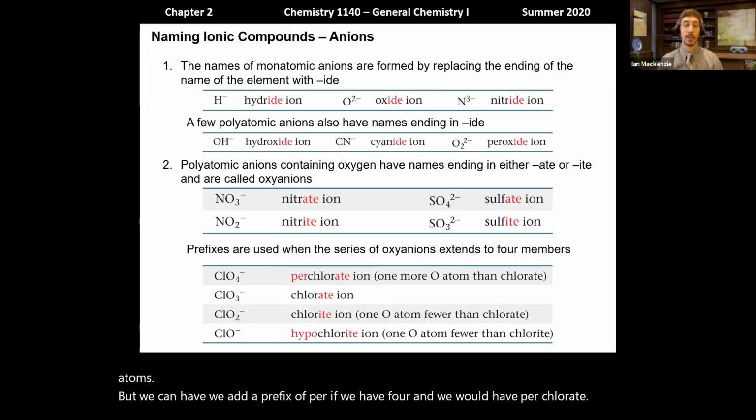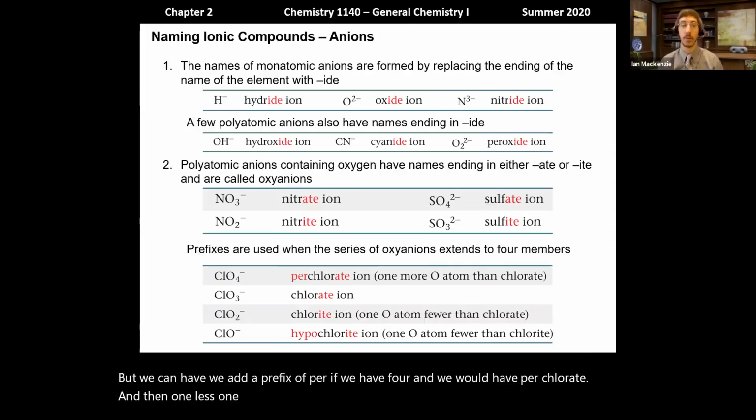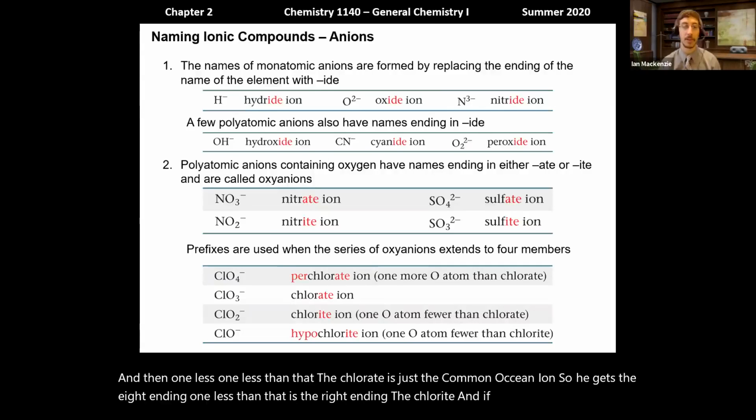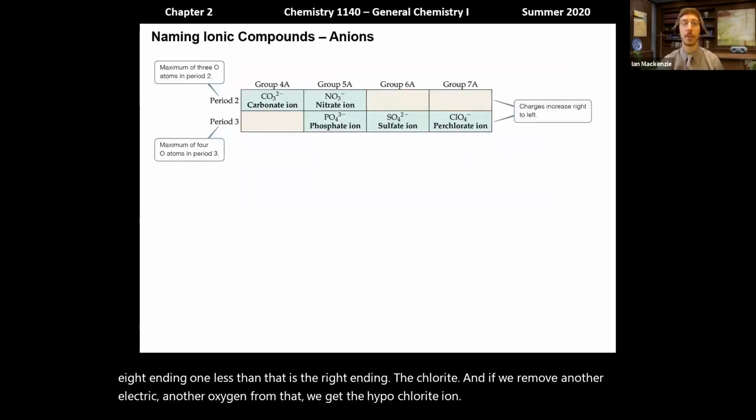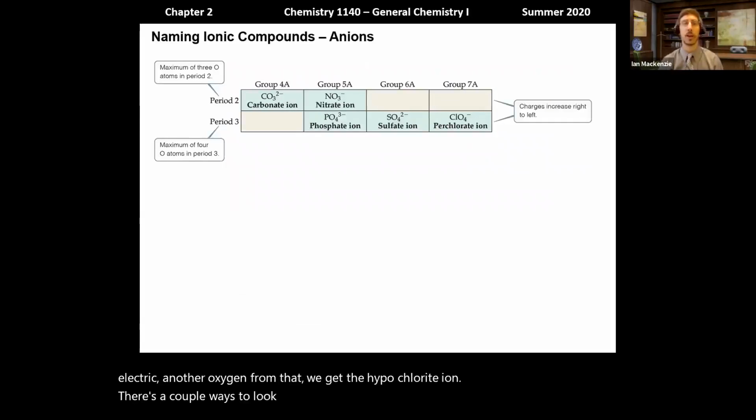One less than that, chlorate, is just the common oxyanion, so it gets the -ate ending. One less than that is the -ite ending, chlorite, and if we remove another oxygen from that, we get the hypochlorite ion.